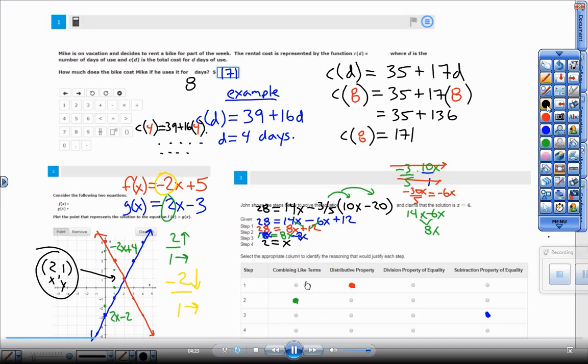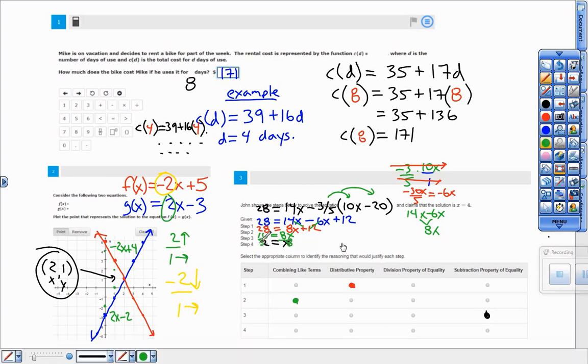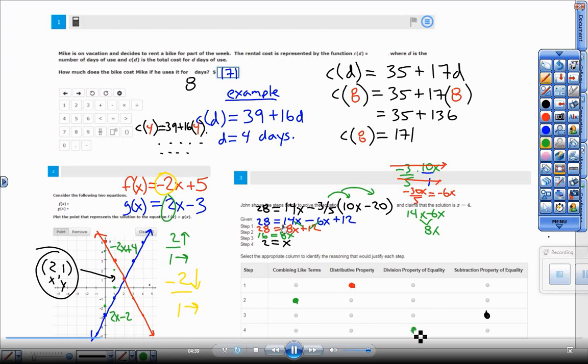And then my last step, I subtracted 12 on both sides. Divide by 8. Divide by 8 is the division property, last, to get that x equals 2. So pretty easy. First step, distribute, combine like terms, do an inverse operation, subtract 12 on both sides, and then divide. You could change it up a little bit if you want.